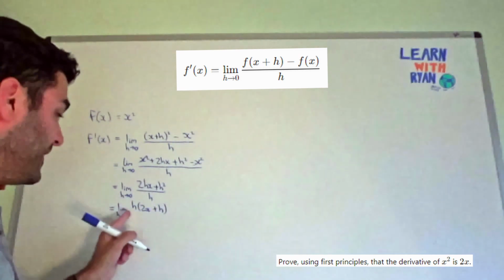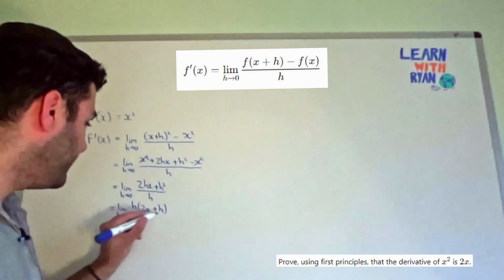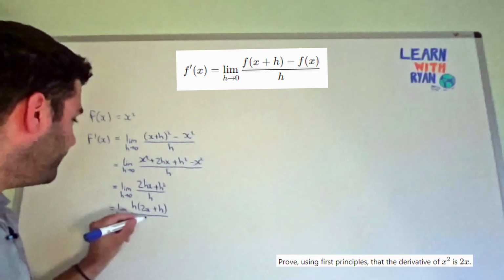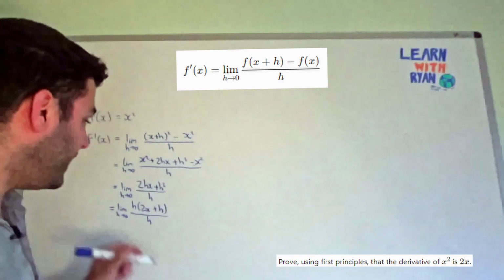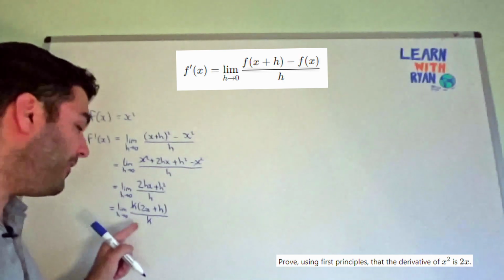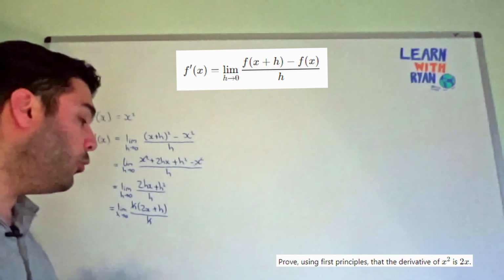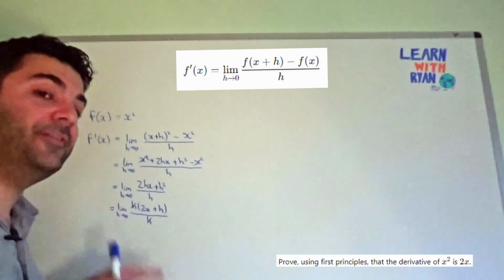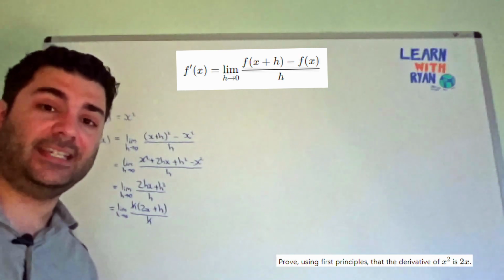And notice if you expand that, you get back to 2hx plus h squared. And then that's over h. As I mentioned, the reason I've done that is because I can cancel the h on the top with the h on the bottom. And that's the whole point actually. We want to get rid of the h on the bottom because we cannot divide by 0.